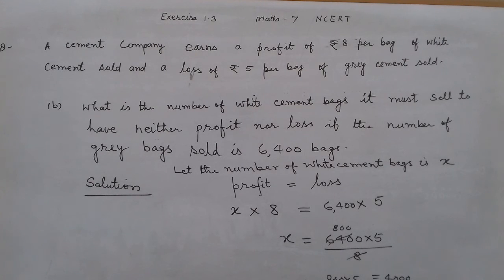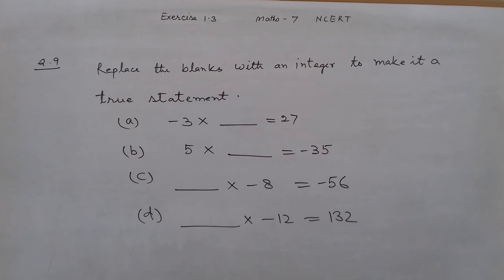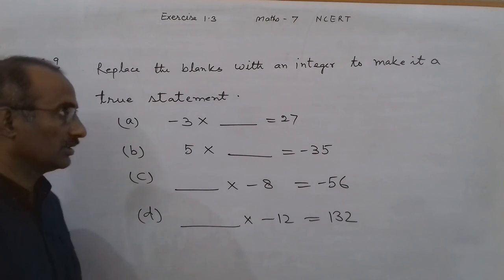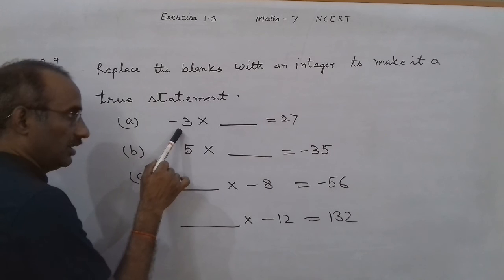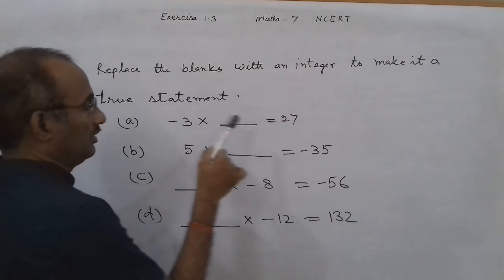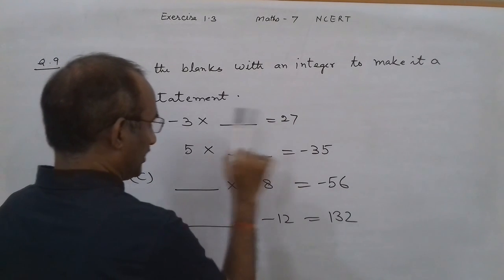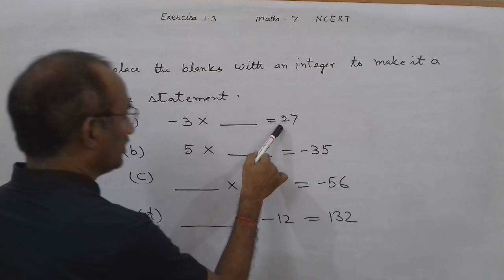Now let's see question number 9. Replace the blanks with an integer to make it a true statement. -3 is a negative integer, but our answer is a positive integer.